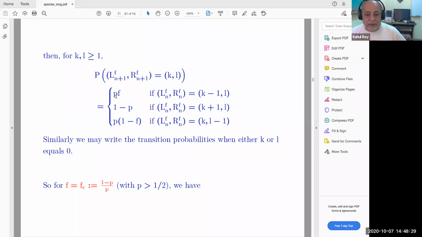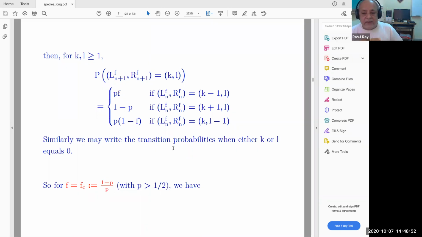With probability p times f, there will be a birth on the left side, in which case it becomes (k plus 1, L). And with probability p times (1 minus f), there could be a birth on the right side, when it becomes (k, L plus 1). So sorry about this. All the minuses should be a plus and all the pluses should be a minus here.